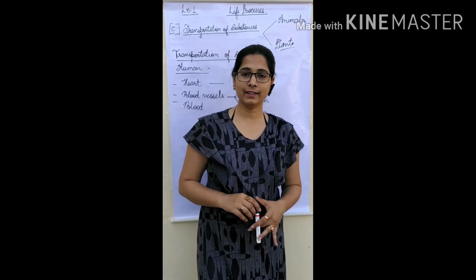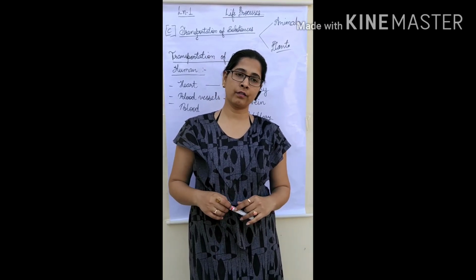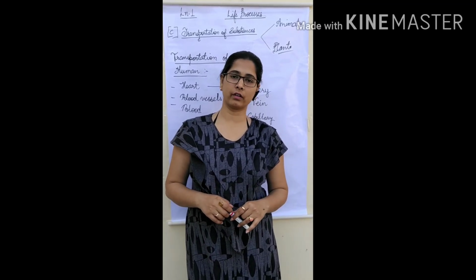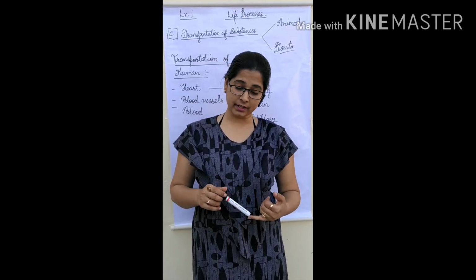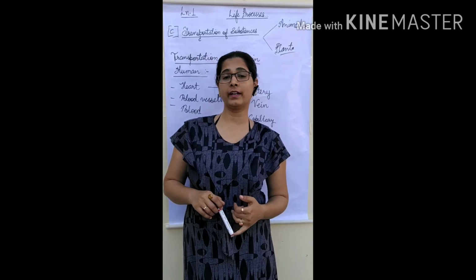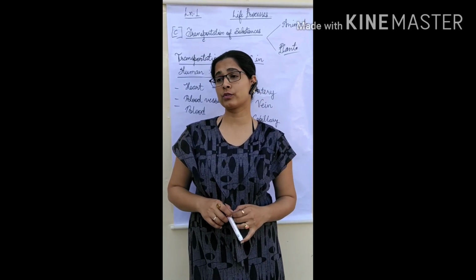Let's say blood is the river of our body. Like a river is called the lifeline of any country, same way, blood is the lifeline of our body. As it carries digested food, oxygen, carbon dioxide, and metabolic waste like nitrogenous waste.